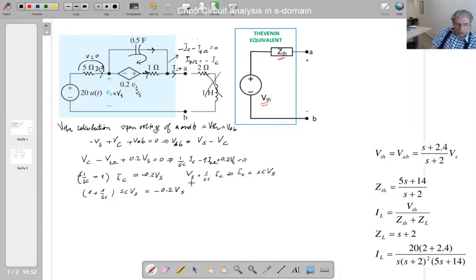Not Vs, that's the capacitor voltage. So I am correcting myself now, saying that it is Vc and Vc. Definition relation of the capacitor. So I replace this, so that is also Vc.